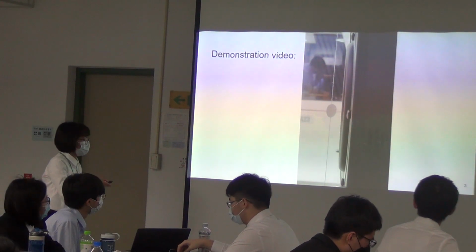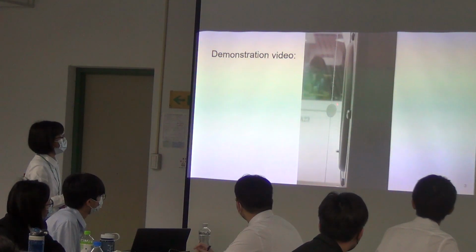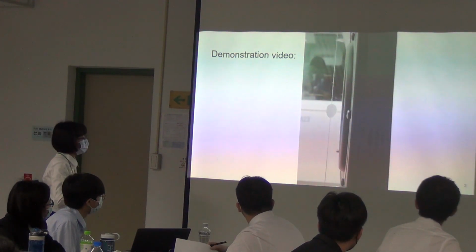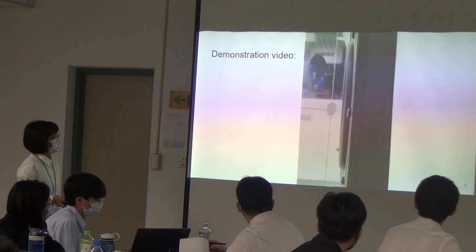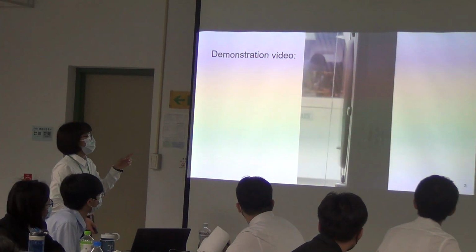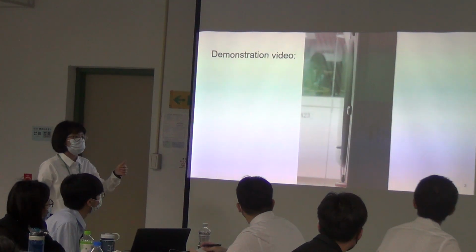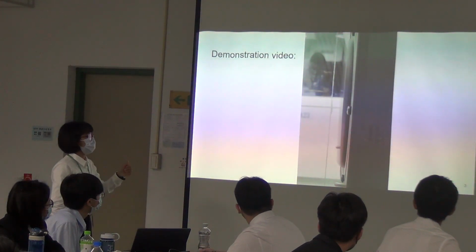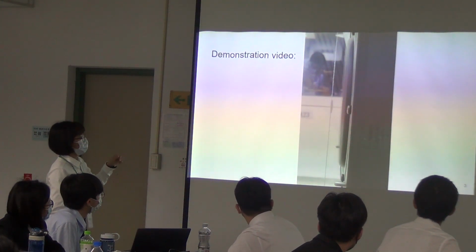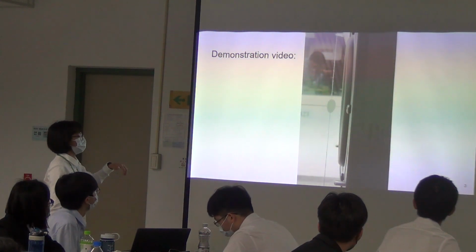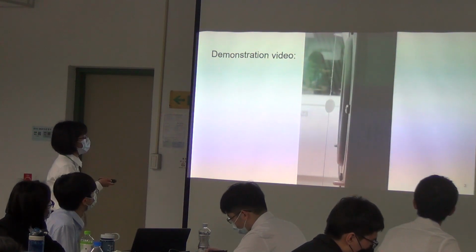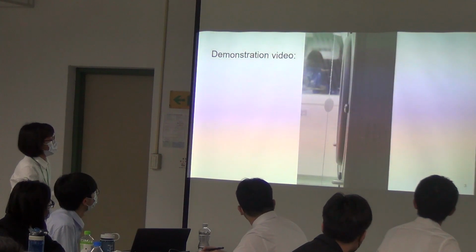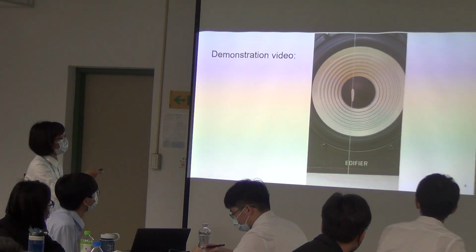This is a demonstration video, and here's the disc. As you can see, we will turn up the volume of the speaker, and the disc will rotate as the volume goes up. And here's the front view.